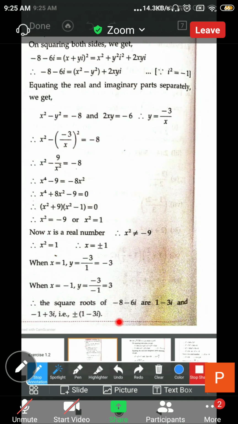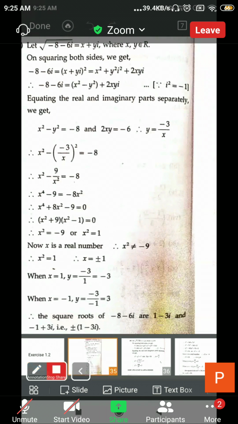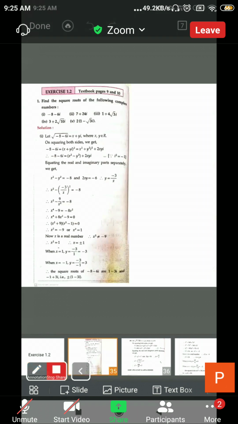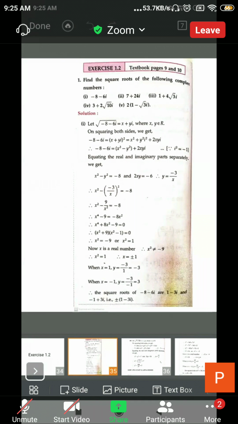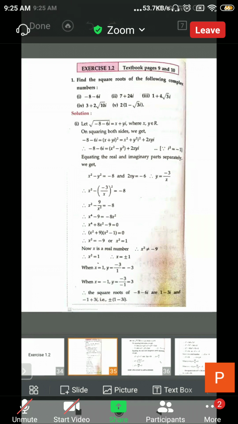This is all about the method of finding the square root of a complex number.